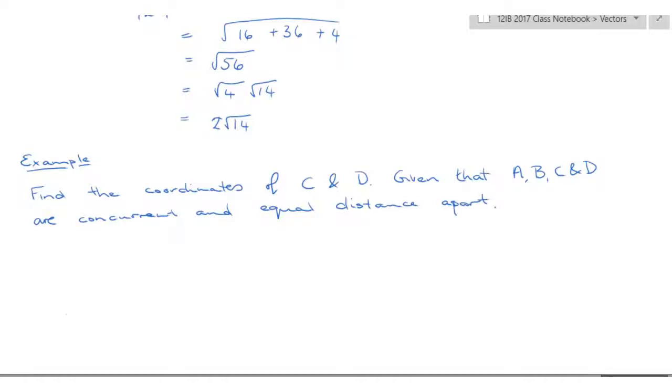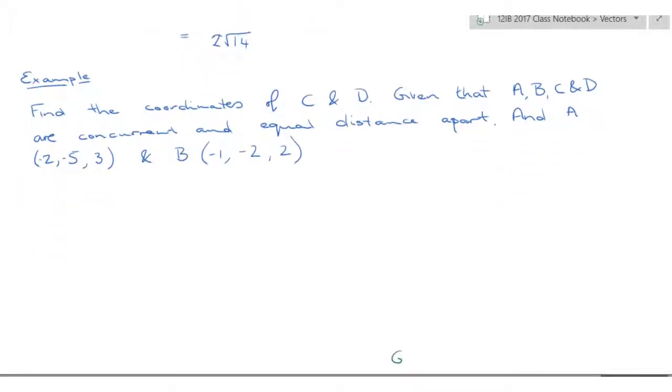So I'll have a sketch. A has the coordinates -2, -5, 3, and B has the coordinates -1, -2, 2.